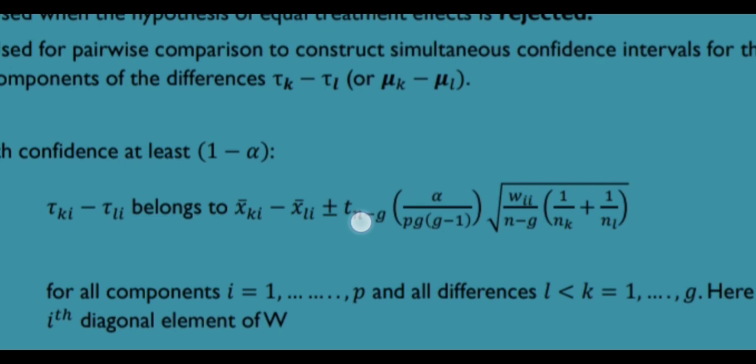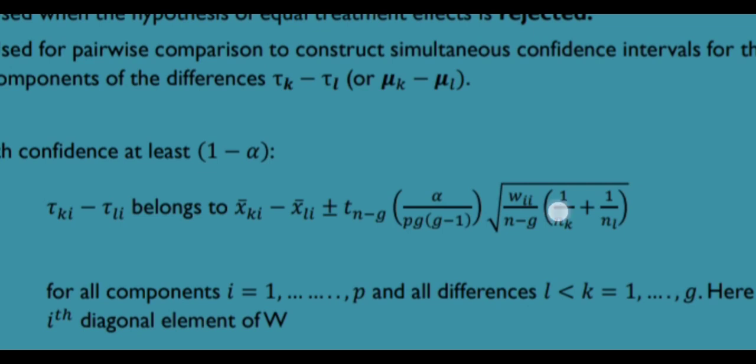Kalau ada 3 population, you need to add up all the 3 sample size of the population untuk dapatkan small n, n1 plus n2 plus n3. And G adalah treatment ataupun number of population involved. Alpha adalah significance level. Dan p adalah number of variable.